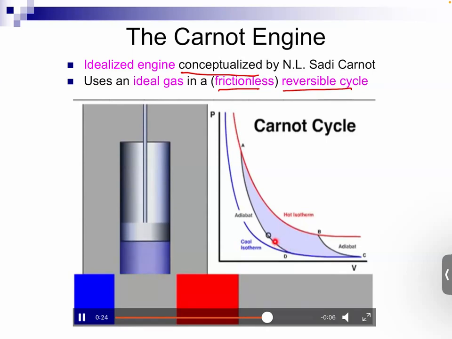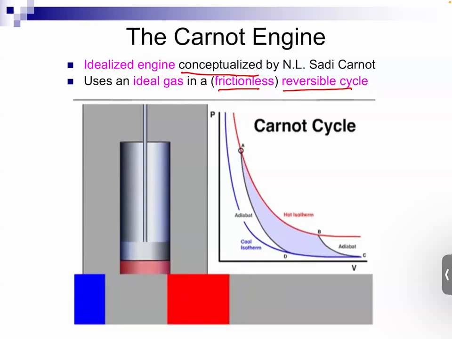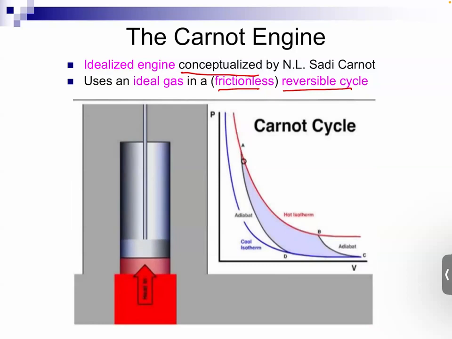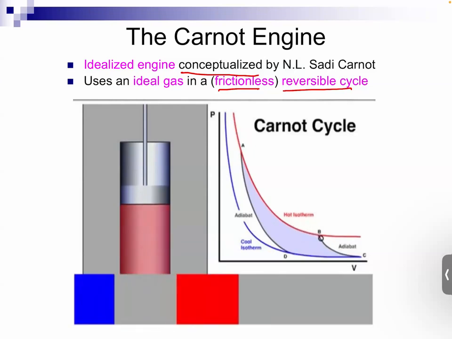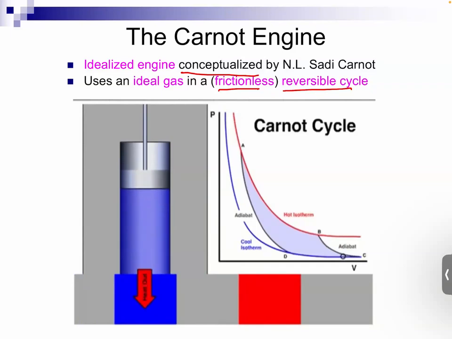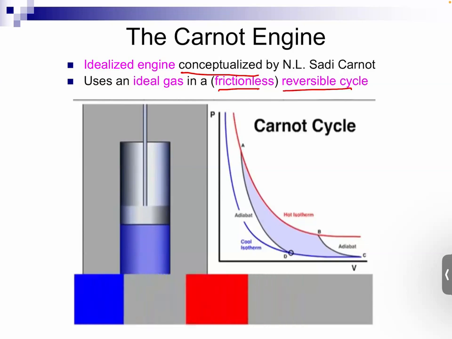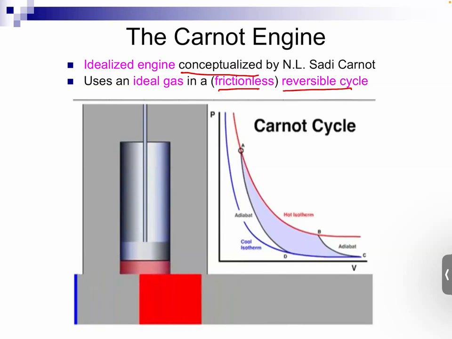So the gas continues to compress, but this time compresses adiabatically until it reaches the original state, in which case the cycle repeats itself. You have this isothermal expansion because of energy input, followed by adiabatic expansion as the momentum of the gas allows it to expand continuously, followed by this isothermal compression as heat is expelled to the cold sink, followed by this adiabatic compression as the gas maintains its momentum during its compression.